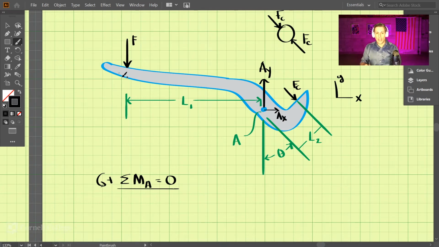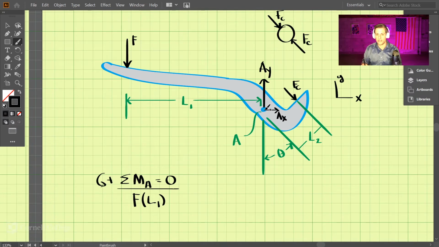So we have this force F, and this force F around A is going to create a counterclockwise moment. That's going to be positive. So we have F, and the perpendicular distance is L1, so F times L1. And then we have FC here.